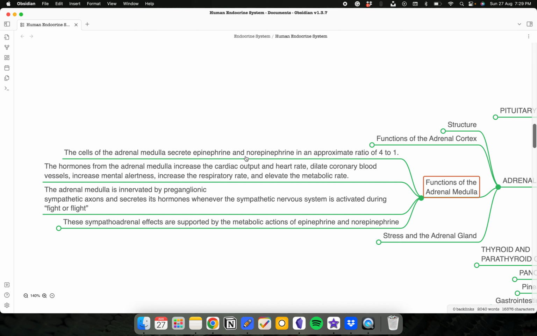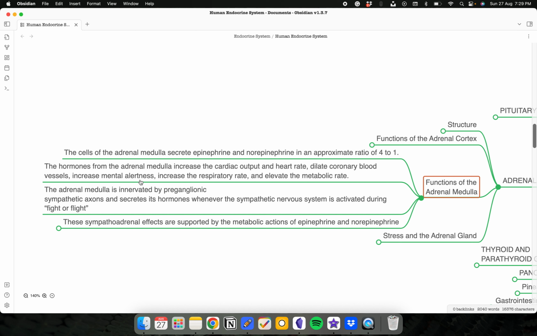Okay. Now see, if our cardiac output or heart rate is increasing, what does that mean? That means the coronary blood vessels are dilating, because more heart rate means more blood flow, and for more blood flow we need dilated blood vessels. Plus increased mental alertness.